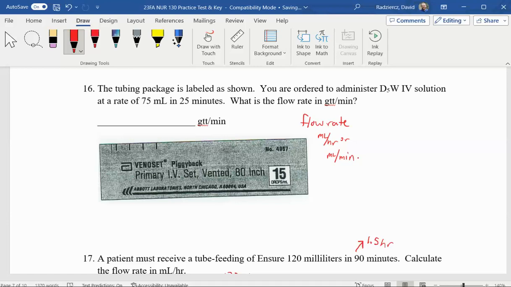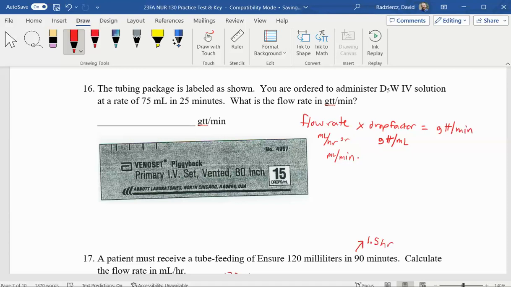Then I need the drop factor, which is always going to be given to you, and it's always going to be in the units drops per milliliter. The combination of flow rate and drop factor, sometimes called tubing factor, is going to give us a drop rate, which is drops per minute.